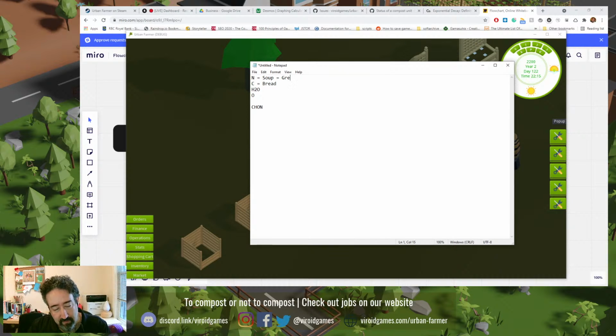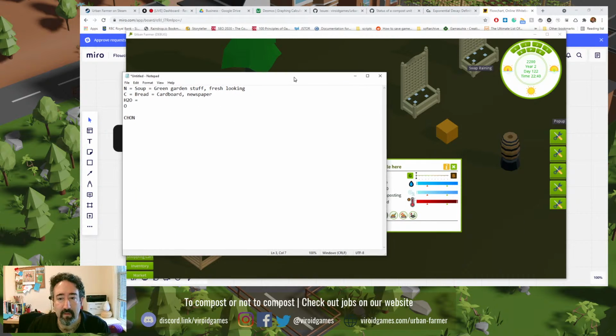Again, by analogy, this is green garden stuff, say fresh looking. And this is going to be like cardboard and newspaper that actually has high carbon content. So when we add these two things, we should still change the value of this in here.